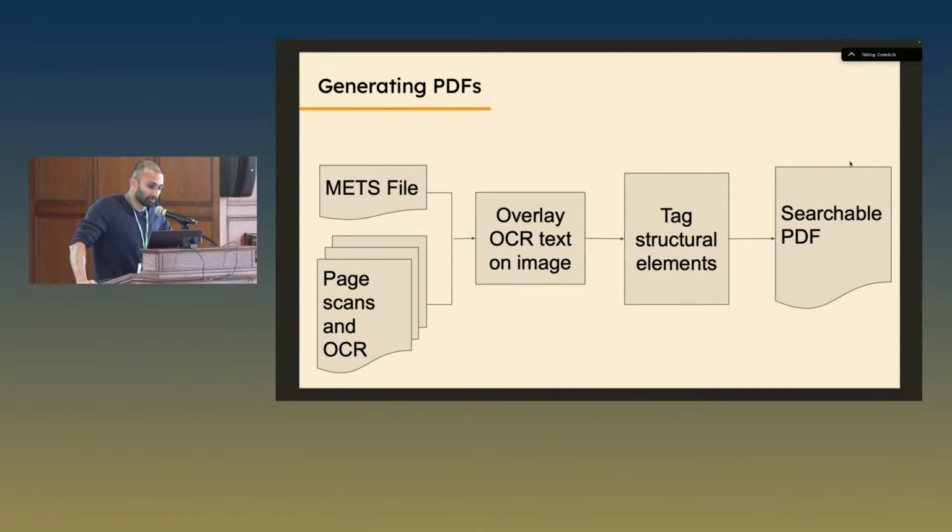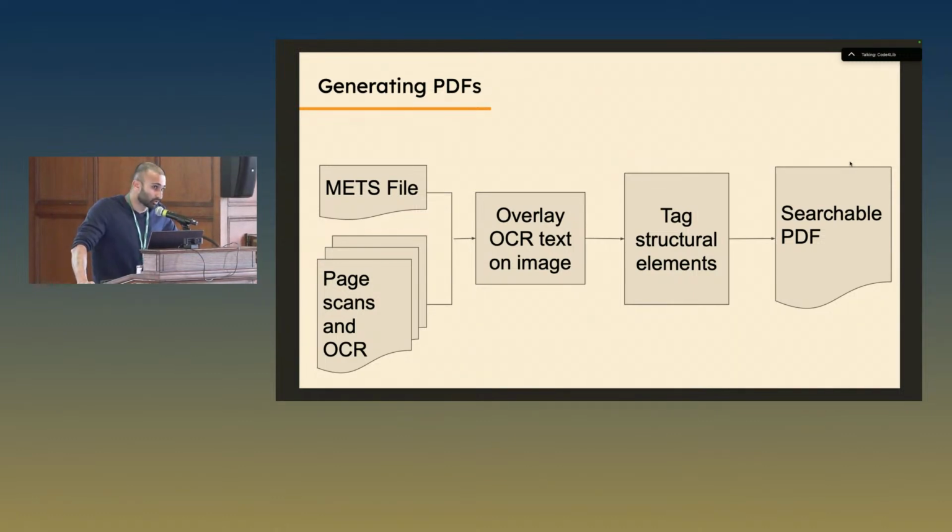So this is basically what the process looks like for generating these PDFs. From the OCR process, we get back a METS file containing all the metadata about the book, and then we get a zip file containing all the image scans, and then an OCR file corresponding to each image or each page on the PDF. And we run it through a little data pipeline we created, just a set of short-lived Python processes.